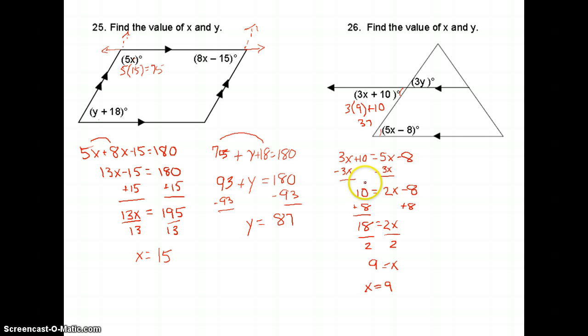Y has to be equal to that. So 3y equals 37. Divide both by 3. Y equals 12.3 repeating. Yes, it is possible to get a repeating number.